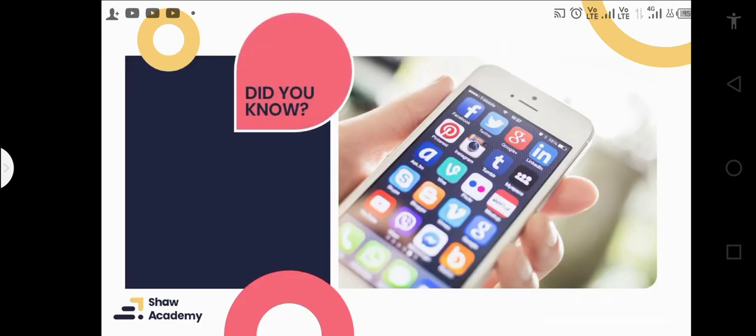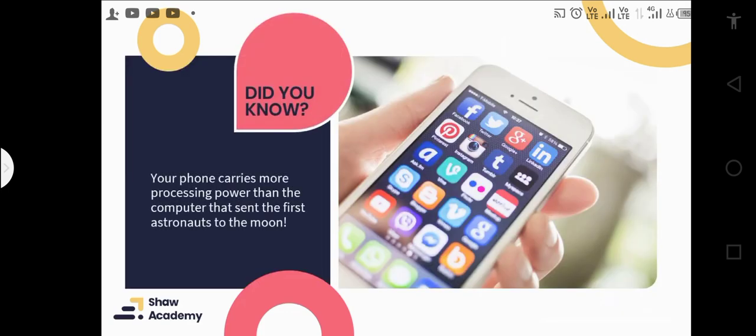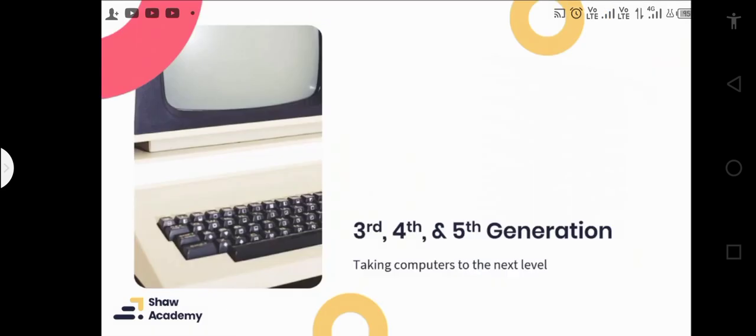Did you know that your phone carries more processing power than the computer that sent the first astronauts to the moon? Amazing, isn't it? Which brings us to the third, fourth, and fifth generation. Modern-day computers are mind-bogglingly more powerful than the massive machines from the 60s. New features such as parallel computing, multitasking, graphics, and sound came into the picture.